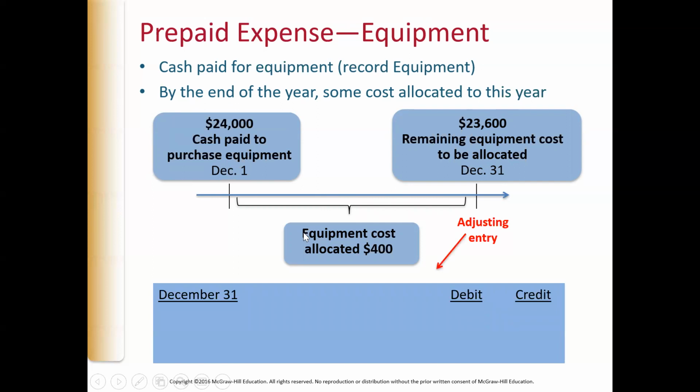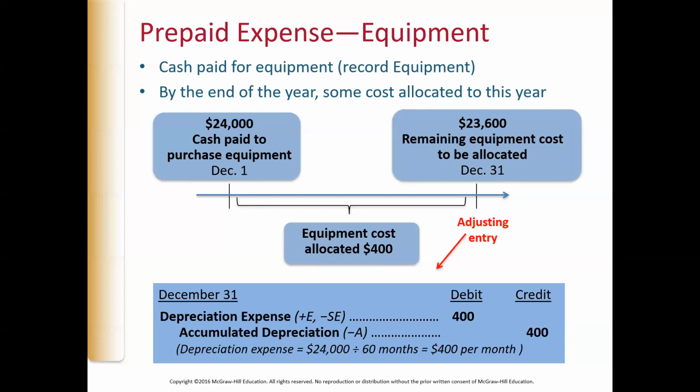This using up a portion of an asset, we debit to an expense called depreciation expense. And this is a new term for you guys. This accumulated depreciation is an account that is offset against equipment to show how much of that equipment we've used up in this period.